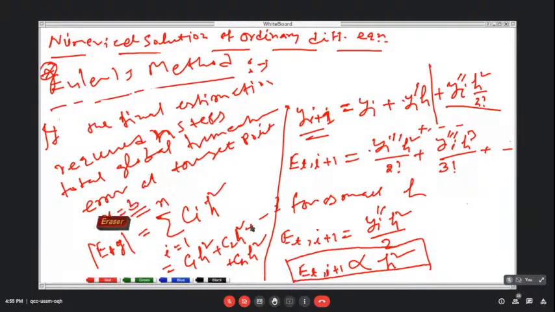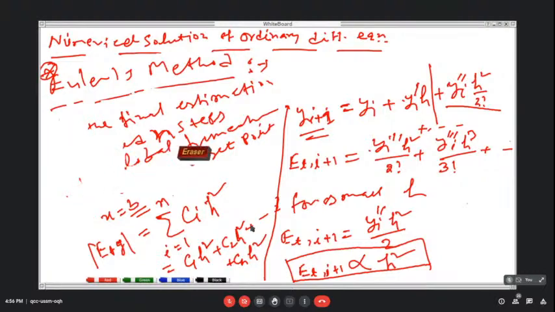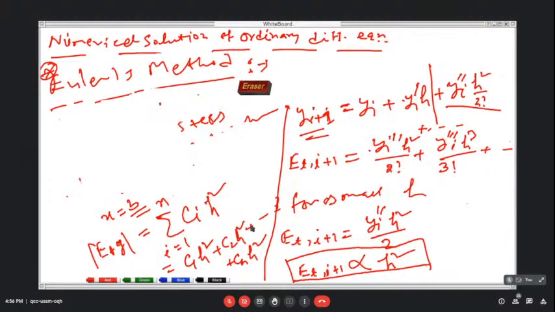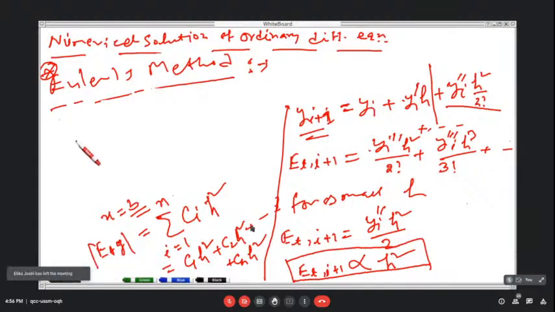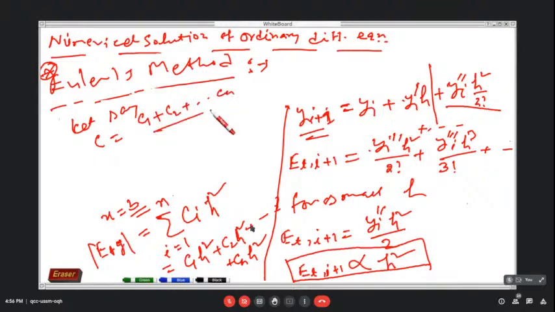So now let's say we can have some average value of c, or some average value of your derivative. So c is equal to this average value, the sum of c_i divided by n.